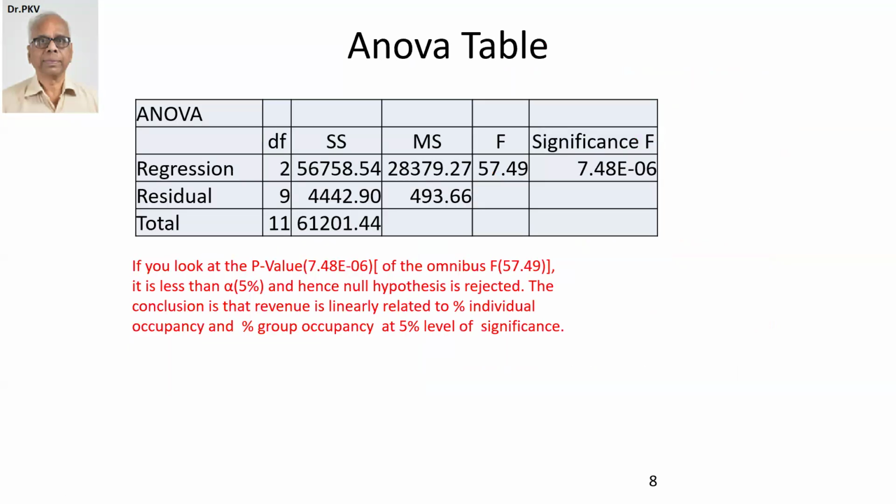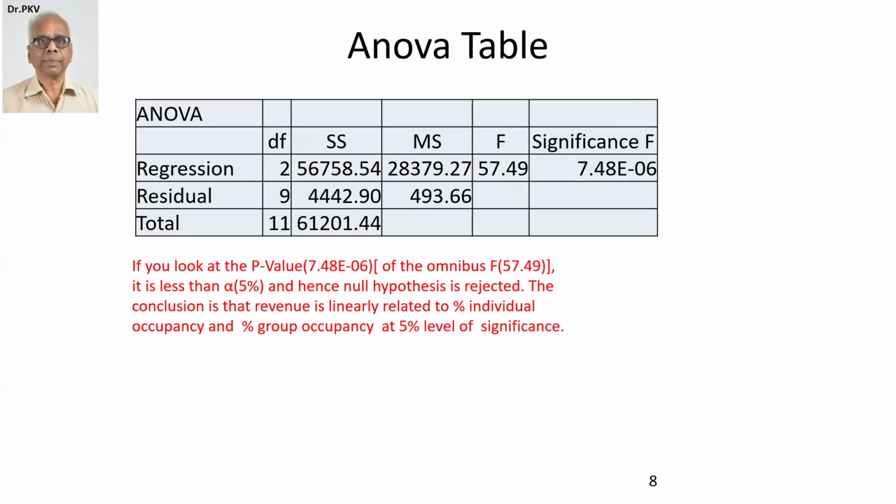Then the next one, the ANOVA table. In the ANOVA table, the most important thing we should look for is the computed F value, which is given by the computer output, 57.49.